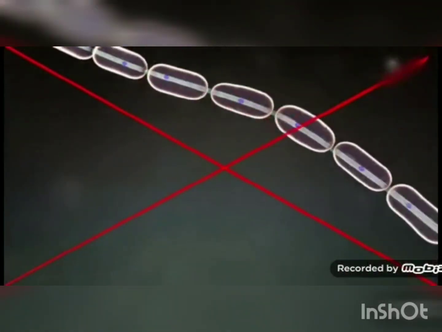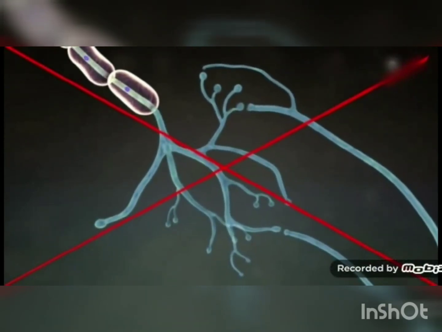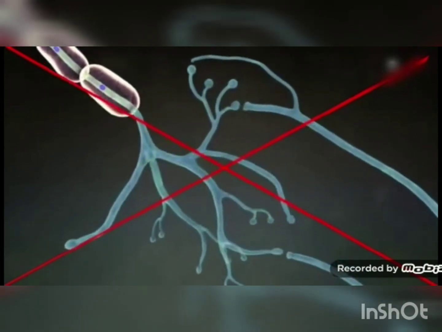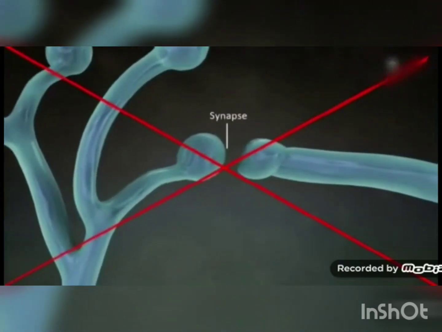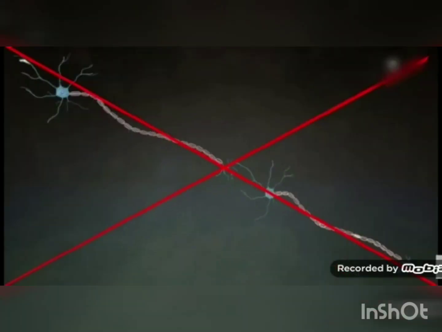At the other end, the axon is divided into many branches, from where the signal passing through the axon is transmitted to the other cell via a junction called a synapse. Thus, the information received by the dendrites is then sent out through the axon to the neighboring cell. This is how information is transmitted from one cell to another.